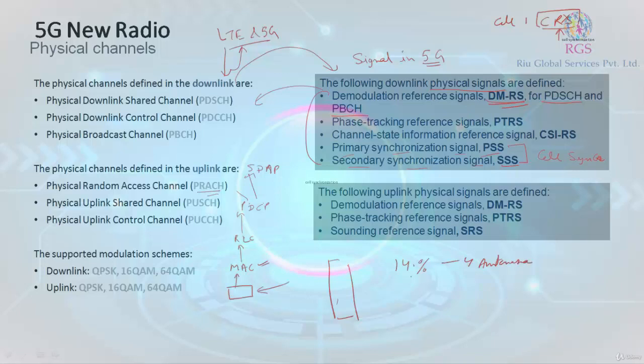That means the user equipment needs to measure a huge amount of bandwidth for channel estimation. So first of all, we need to understand what these reference signals, demodulation reference signals or cell reference signals, are used for. They are used for channel estimation.